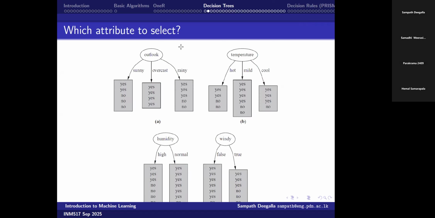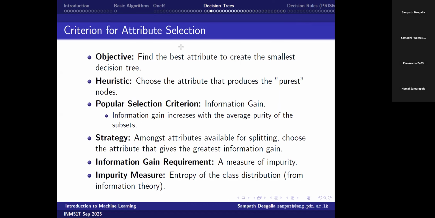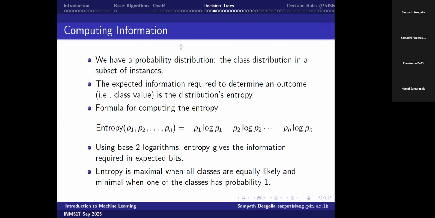Now, the idea of selection of attributes mathematically goes down into calculating information. So this is based on the calculation of entropies, and although we see probabilities here, these are based on the counts that you have seen.